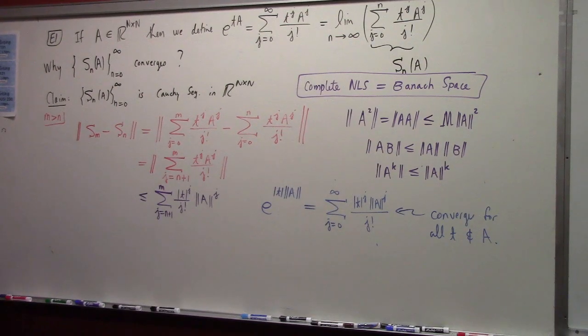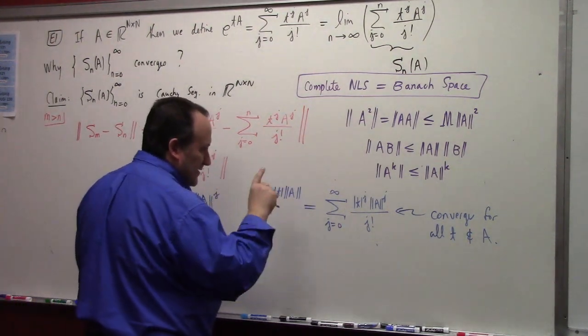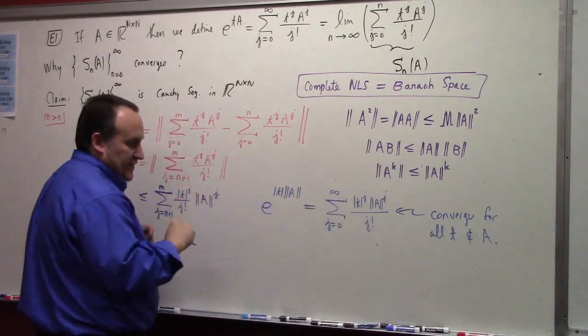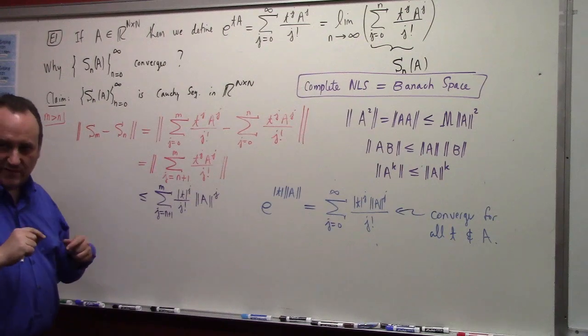Give me any matrix, its norm is finite. You can make it as big as you want, but for a fixed matrix, it is a finite norm. Likewise for t. So that makes this convergent, which means it has partial sums that are convergent, hence Cauchy.